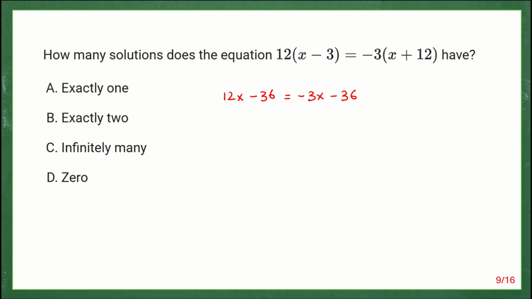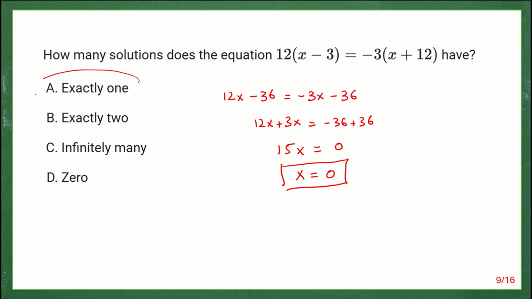Okay, now since I have this 36 and negative 36, they will cancel out. So it will become 12x plus 3x equals negative 36 plus 36 equals 0, and 15x is equal to 0. Dividing by 15 on both sides, it becomes x equals 0. So I have exactly one solution for the given equation shown here.